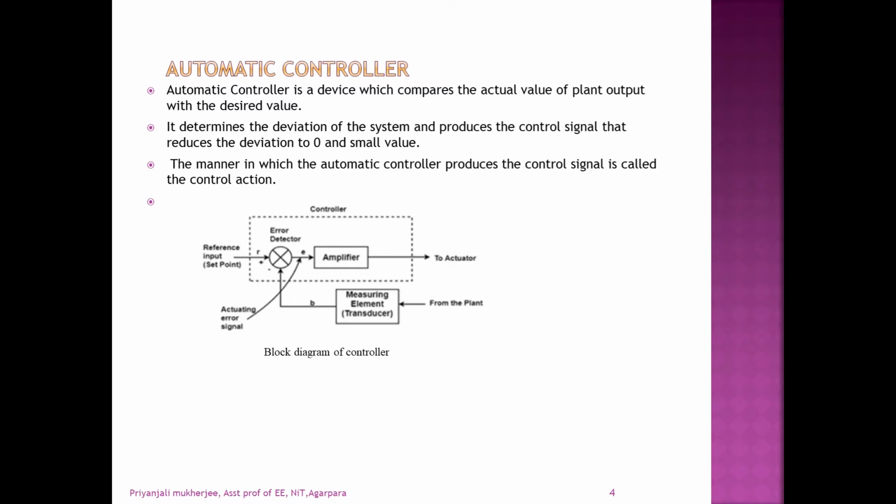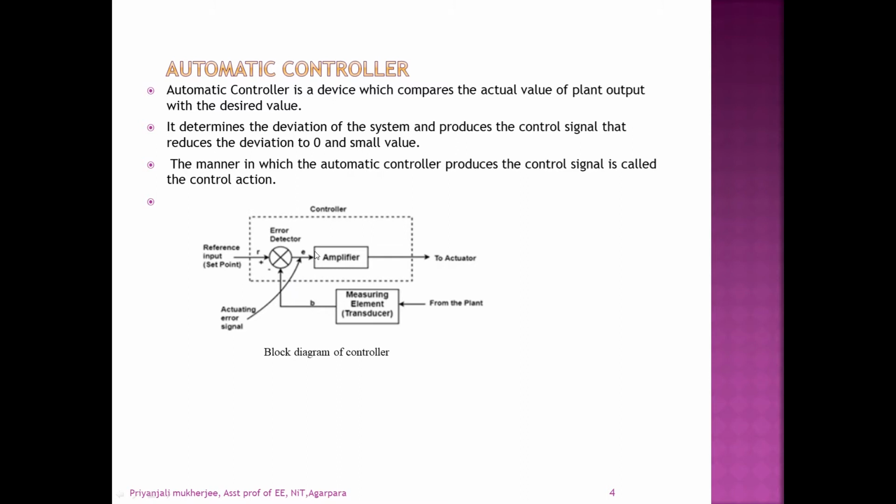This is a block diagram of an automatic controller. Here the reference input is given and the amplifier portion produces the actuating signal, which goes to the actuator or the final control element, and it operates on the process. The output of the process is taken from the plant and used as the measuring element or transducer, and it is connected to the error detector.